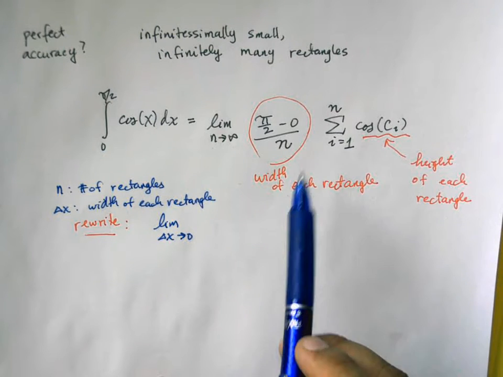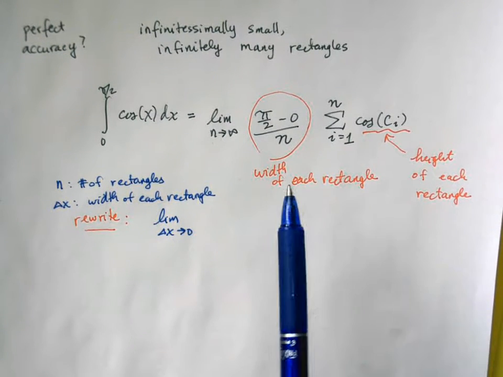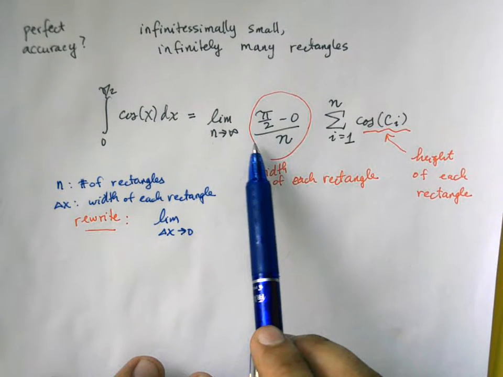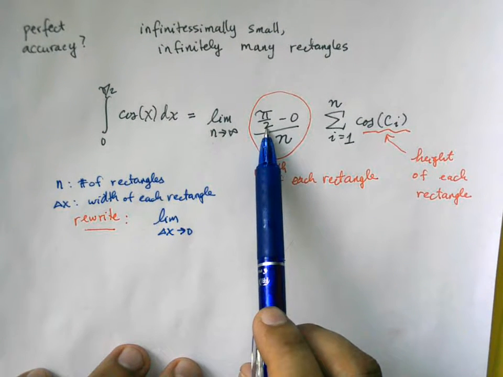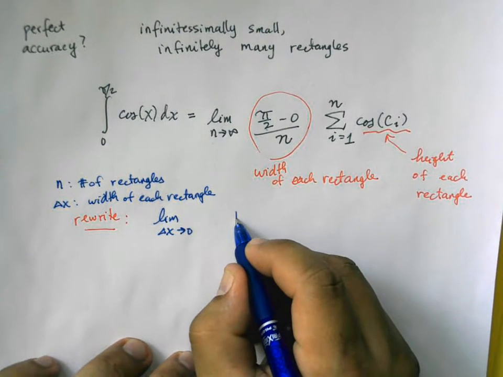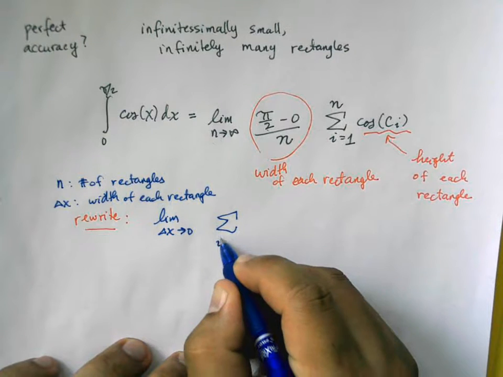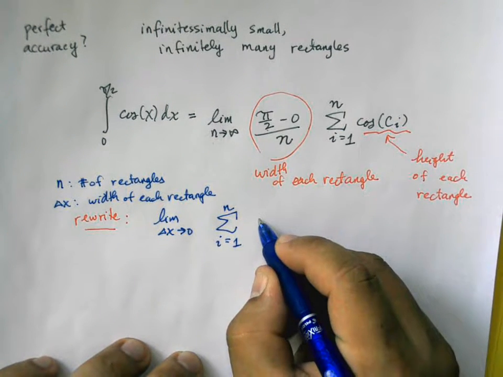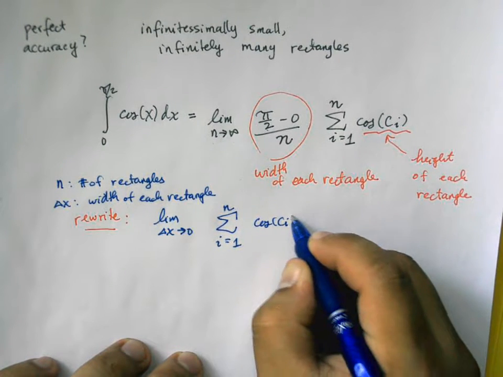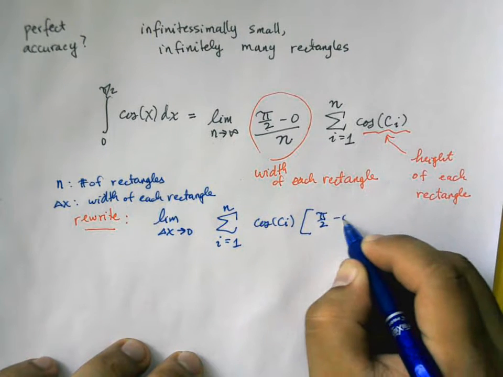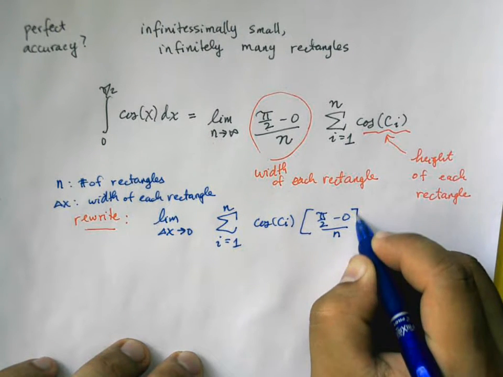And then instead of writing this out as pi over 2 minus 0 over n, I'm actually going to bring this inside the function. So this is cosine of c sub i times pi over 2 minus 0 over n.